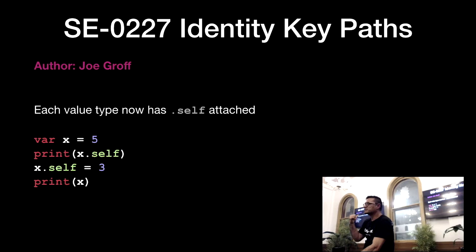This example is exactly the one on Swift evolution because I couldn't make the other ones work. You can try this. You assign x the value of 5. You print x.self, it will give you 5. You assign x.self as 3, and you print x, it will still give you 3. So .self is the same as the actual value. But make a note, this is lowercase self, because in 5.1, there's an uppercase self, which I'll come to at the end.